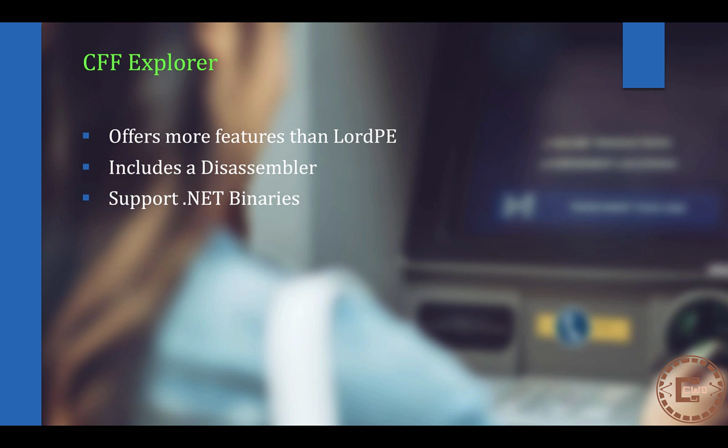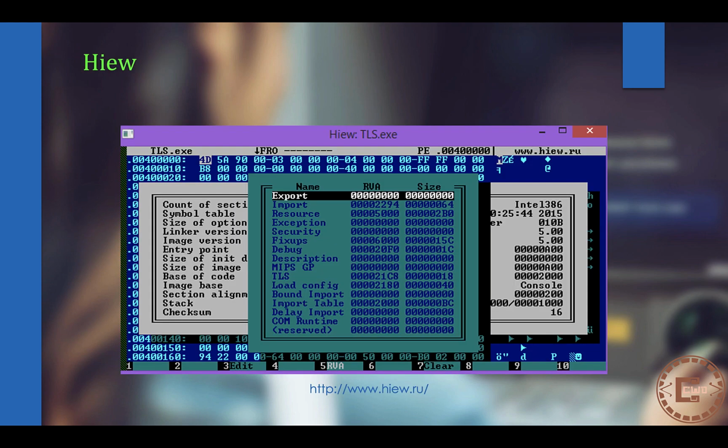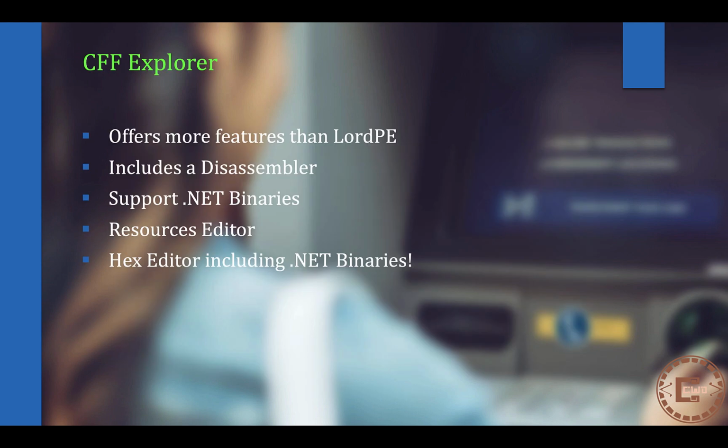So CFF Explorer can also parse this kind of binary. It has a resources editor. The resources is a section in a binary that normally stores malware for malicious actions, obviously, when it is a malicious file. So you can see the resources editor with this tool, and you can see the content. It has a hex editor, as I said. So it's actually pretty cool.